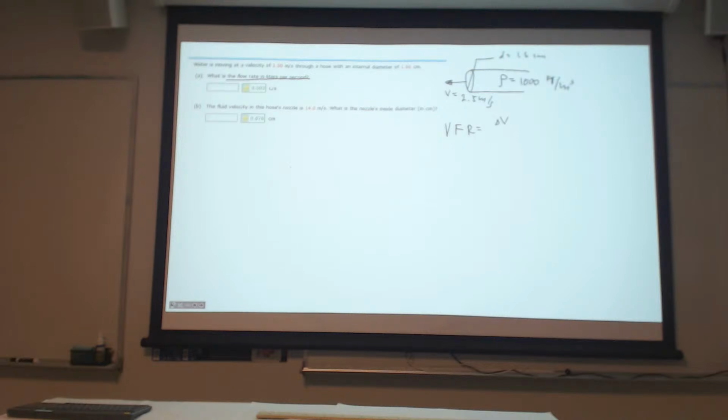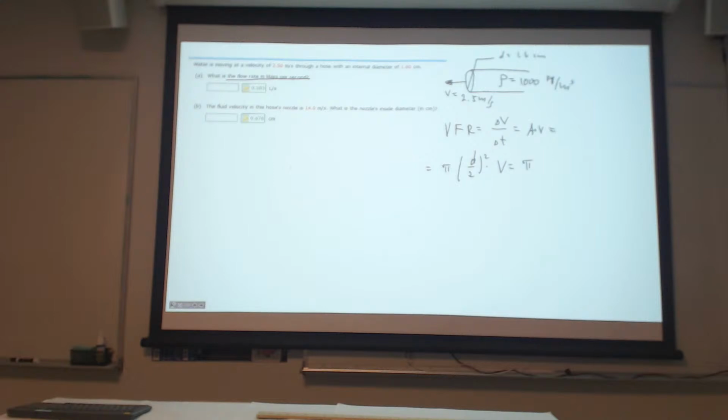So first of all, we could use either a definition or an expression that we have derived. So I can just simply use 0.8 centimeters squared times pi to get the area, and the area has to be converted into meters. So it's diameter over 2 squared times speed.